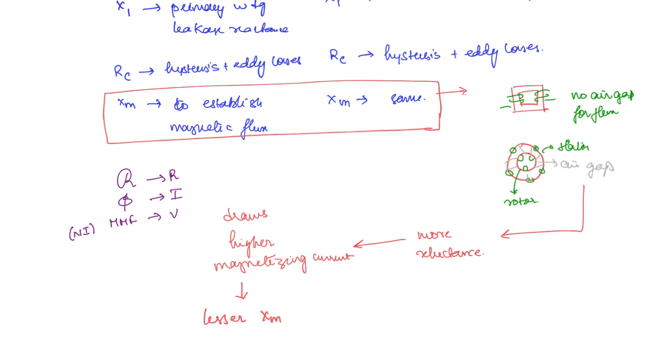So this is all about the stator side. Now the rotor side we will discuss separately. The rotor circuit model. So the first question here is, why are we discussing this separately?